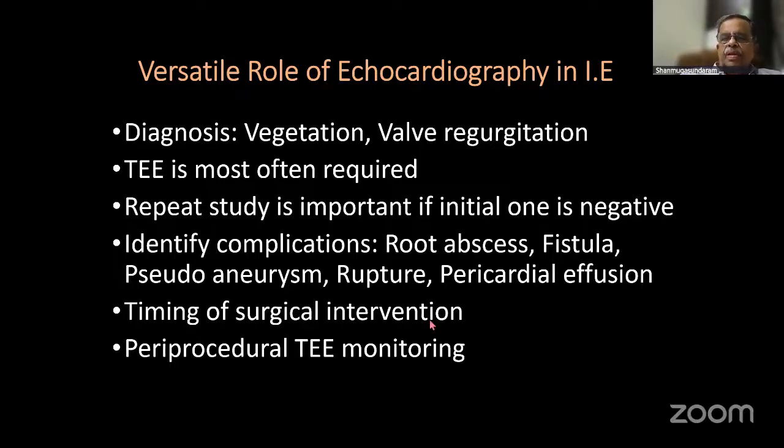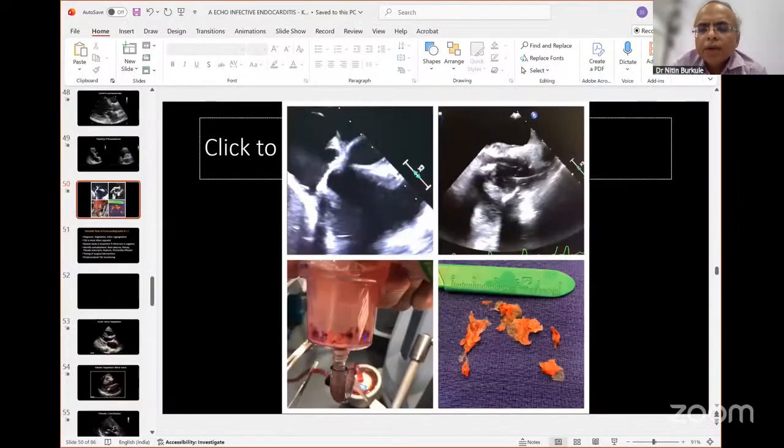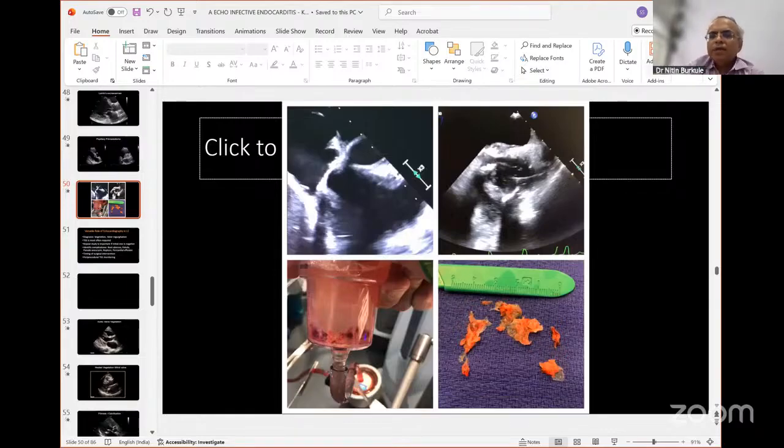Thank you, Dr. Shanmuga Sundaram, for having such an exhaustive review of infective endocarditis and showing so many examples of the real pathologies. Now, the questions in the chat box you have already covered, because they were discussing the specific diagnostic findings on echocardiography, which you have already covered very well.